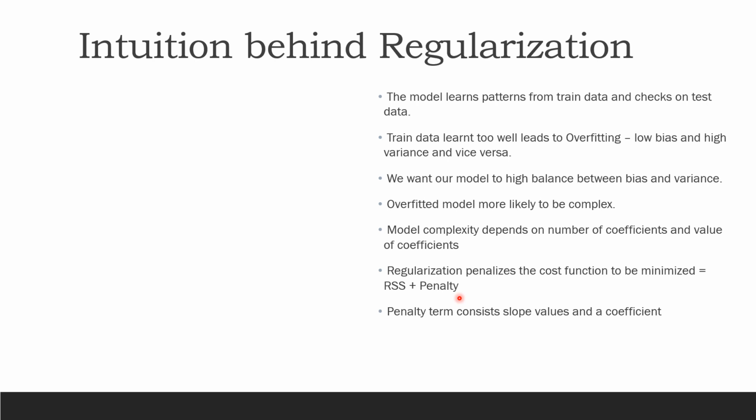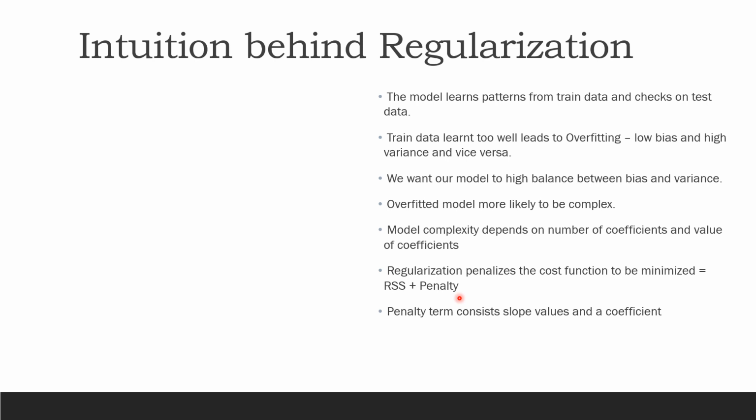The penalty term consists of two parts. One contains the slope values. For example, if we have y equal to beta naught plus beta 1 x1 plus beta 2 x2 plus beta 3 x3, then beta 1, beta 2, beta 3 are the coefficients, the slopes of these features.